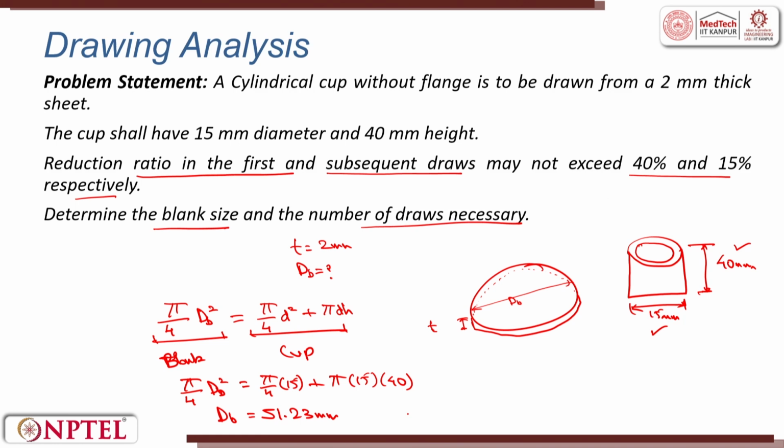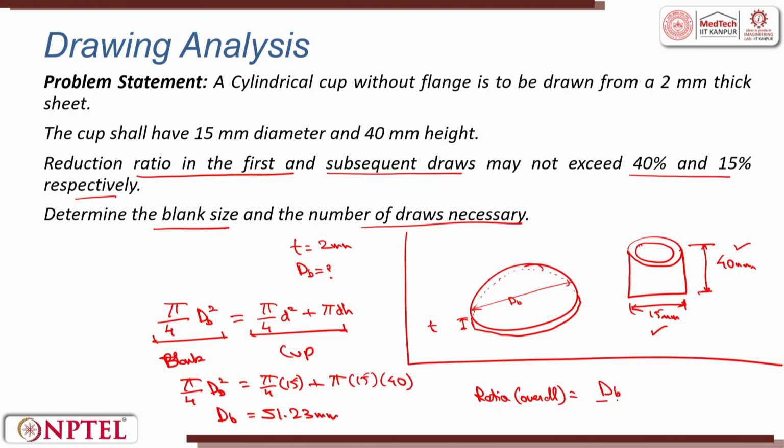So overall ratio, if I need to calculate, it is the blank diameter by the final diameter, that is punch diameter generally, which is equal to 51.23 by 15. This is equal to around 3.41.